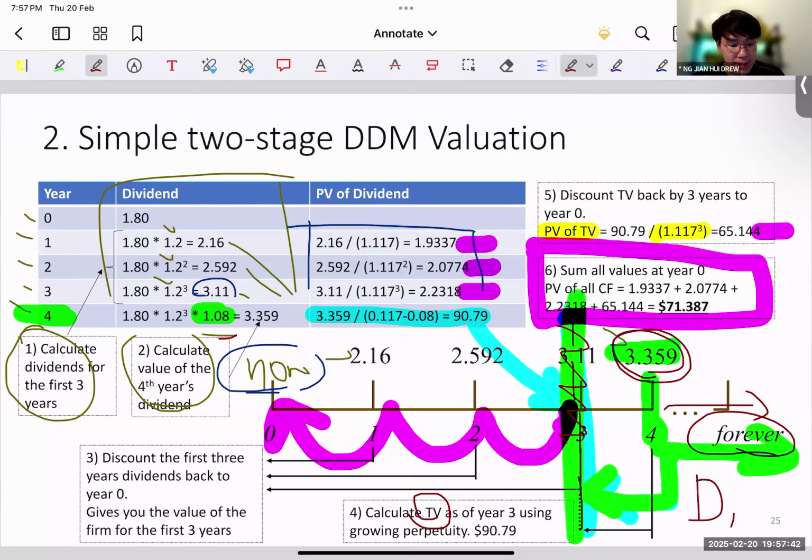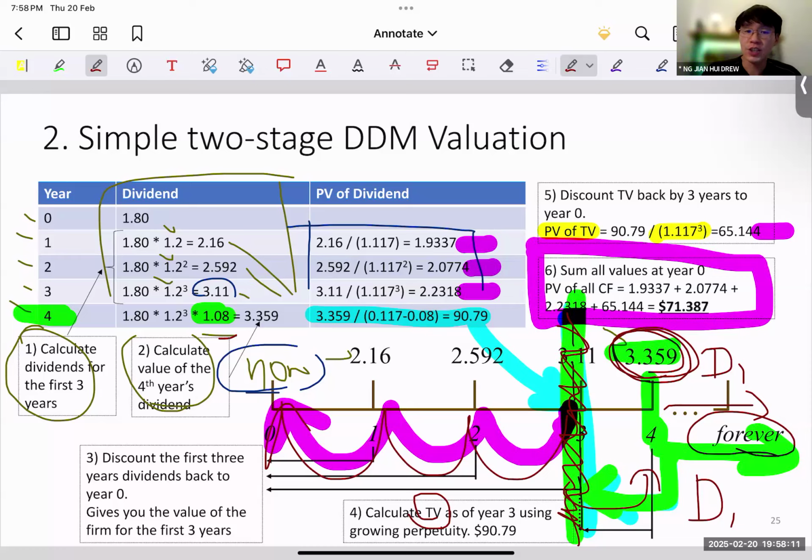So D1 meaning at this level, if you are treating year 3 as now, 1 year from now is year 4. So that's why this is your D1, but then at the same time, in the end, you still need to present value it back 3 times like this.